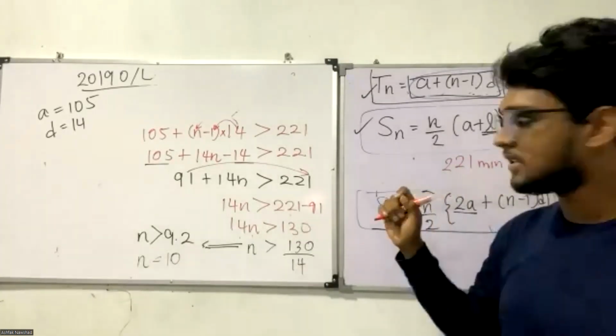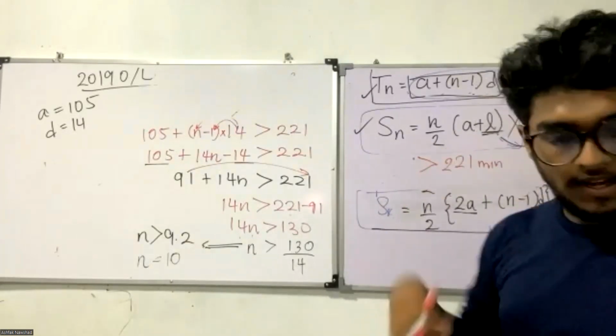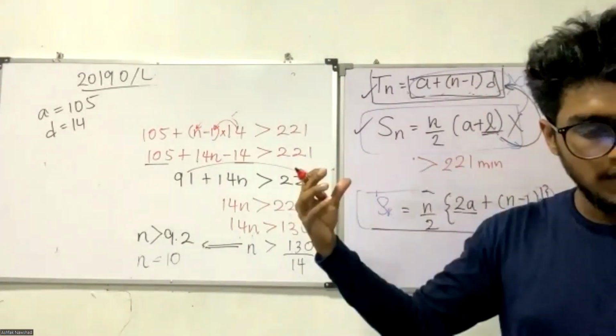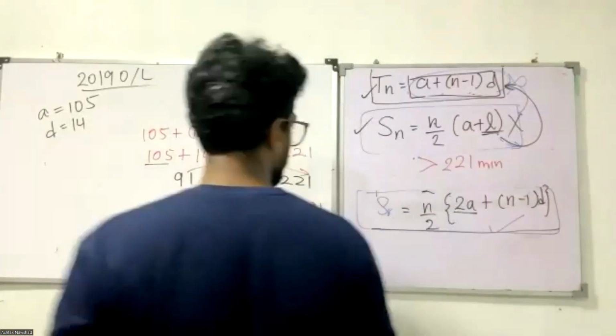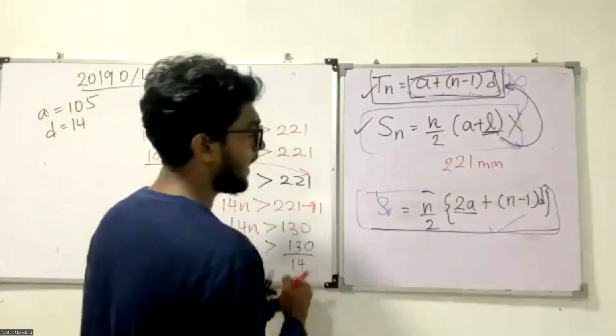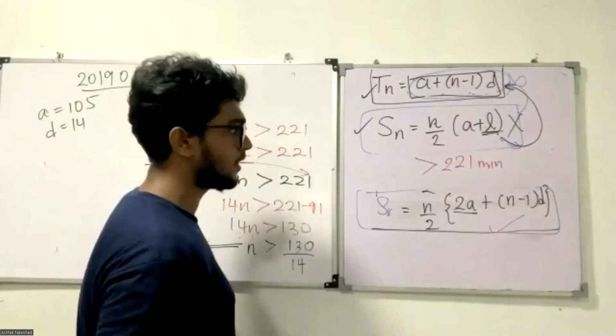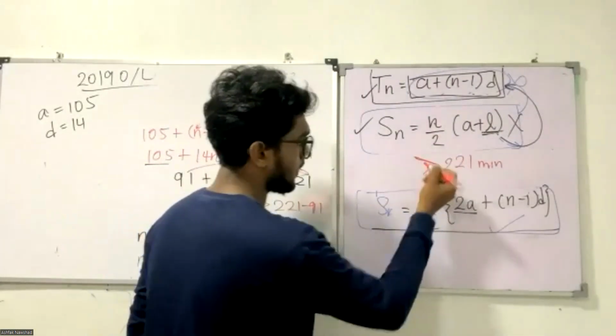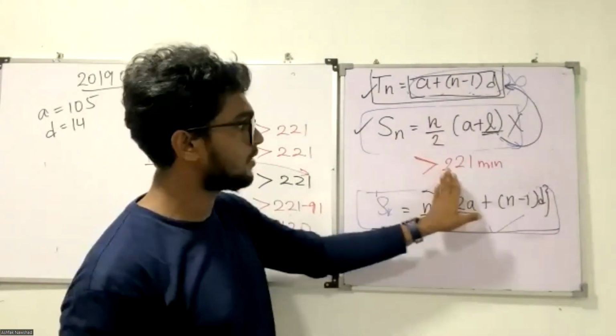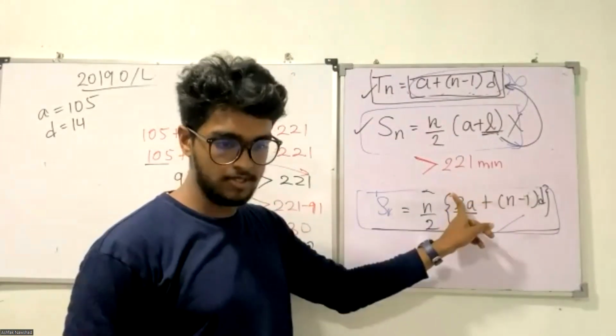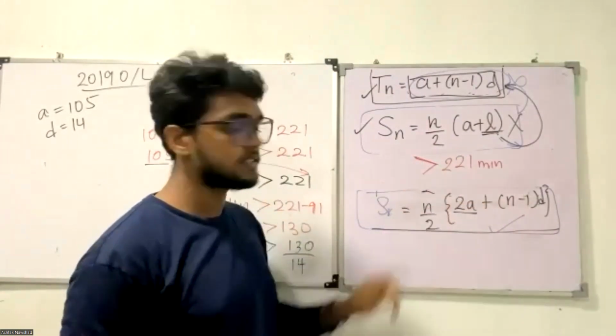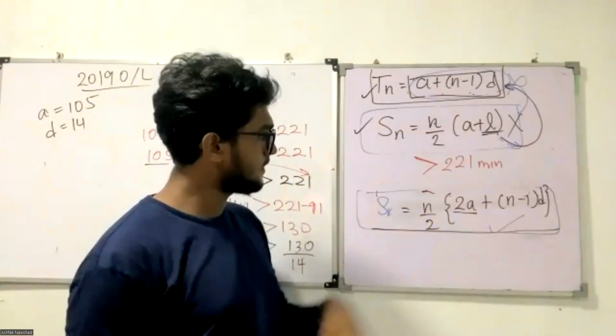Exceeds means something greater than the value. Sunita exceeds 221 minutes of jogging. So the jogging time of Sunita is greater than 221. That's why the sign is greater than. Is this clear?